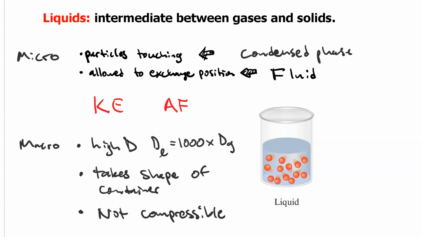In solids, the kinetic energy is lower than the attractive force. So being intermediate means the kinetic energy is in balance with the attractive force, if you will. Right? So liquids really do share some properties with gases, being fluid, and some properties with solids, being condensed.